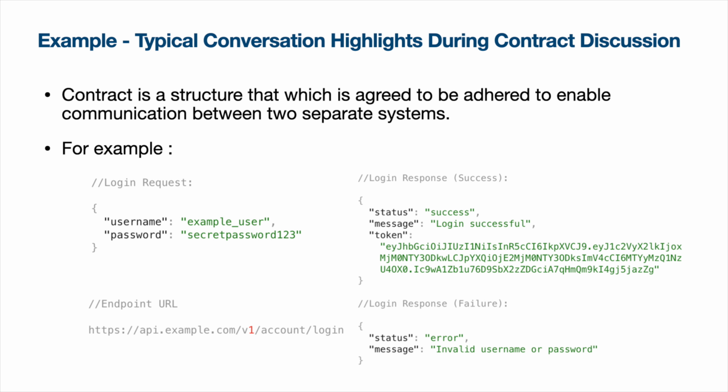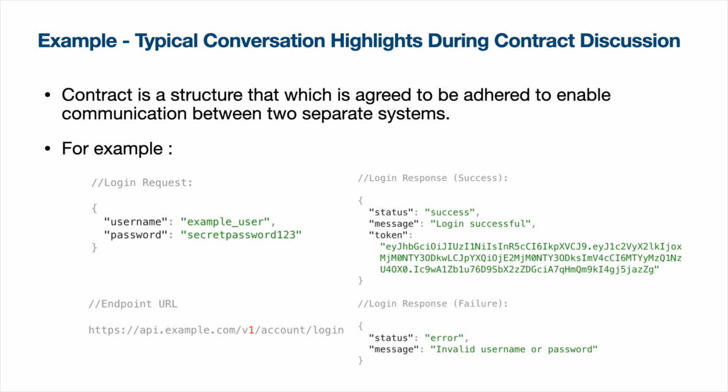So what it says is that for a request, there will be two params, username and password, in the JSON structure. And in response, it will have status, message, and token. The token would be JWT. The response failure would have status as well as message. This is the contract that is agreed upon.